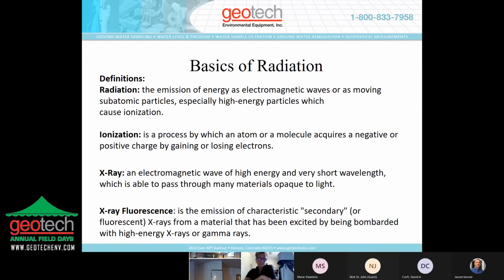And the process of ionization is when you actually eject that electron from the sample. An X-ray, again, is what we're considering that's coming back from the sample. X-ray fluorescence is the characteristic X-rays that come back to the detector. I'm sorry, I skipped over here. X-ray is the energy wavelength that we're sending into the sample, electromagnetic waves of high energy, whether it's gamma rays from the nucleus of a sealed source or from the electrons.